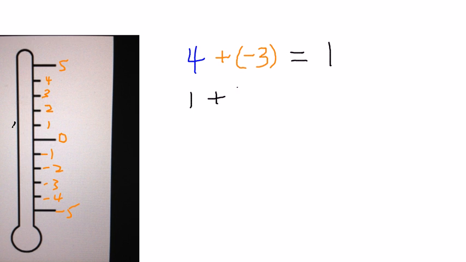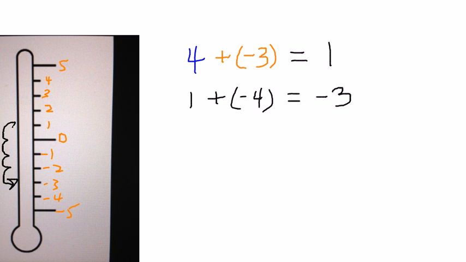So it's going to become 4 degrees colder than that. What would the temperature be? Starting at 1, since we're once again going down, making the temperature colder, we will go down 1, 2, 3, 4 degrees, which leaves us at -3. So 1 plus -4 equals -3.